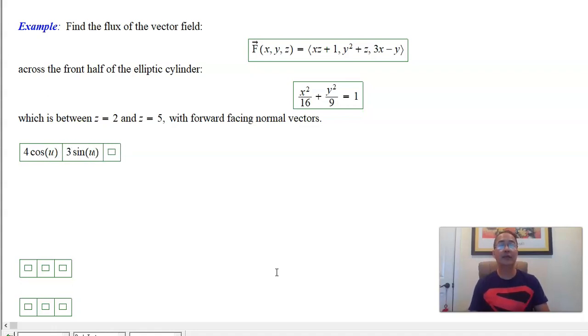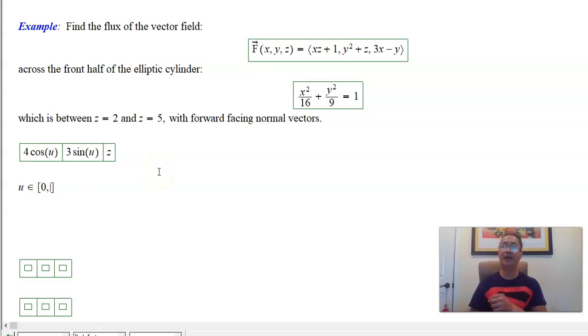Y is 3 sine of u. Now we're on this ellipse, but z is going between 2 and 5. So we're just going to put z in the last coordinate. And of course, u is from 0 to 2 pi.